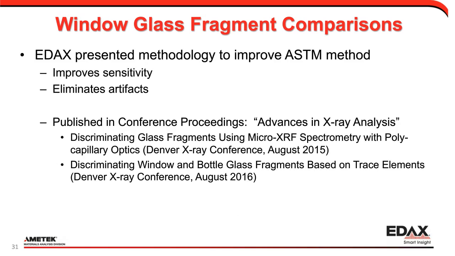I got interested in taking a look at the ASTM methodology for the window glass fragment comparisons, and I had some ideas about what could be done to improve the methodology for that method. So what I had done studying some bottle glasses, for example, which were readily available at the grocery store, was to make more than one spectral acquisition of the fragment under different filter conditions.